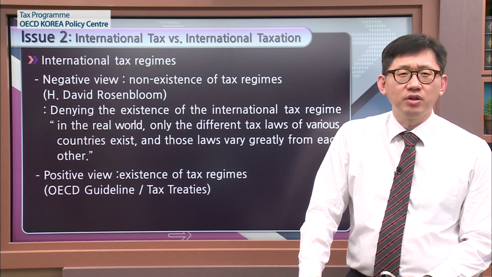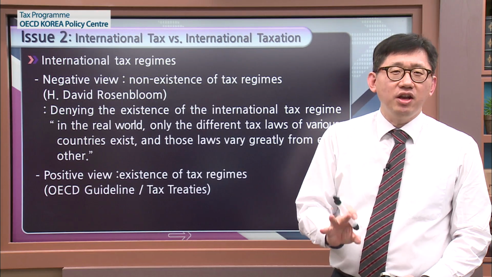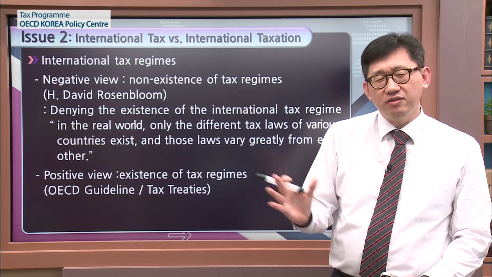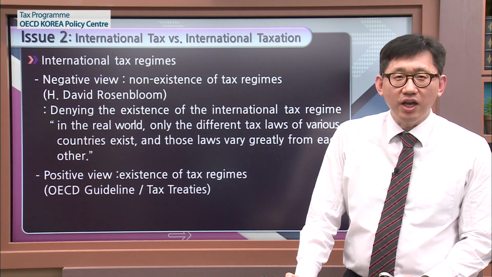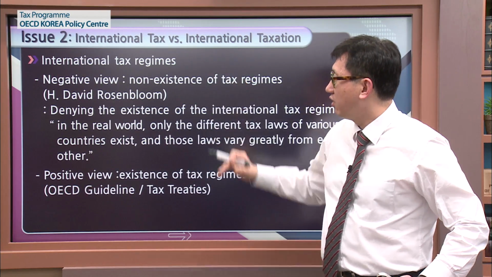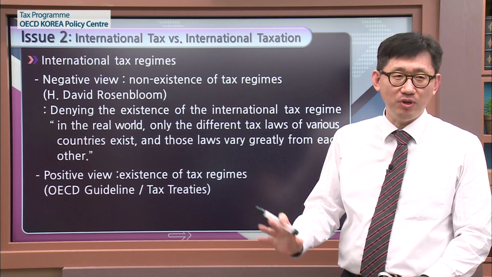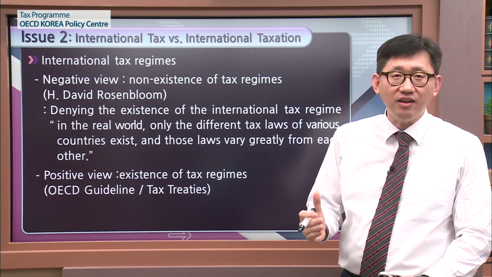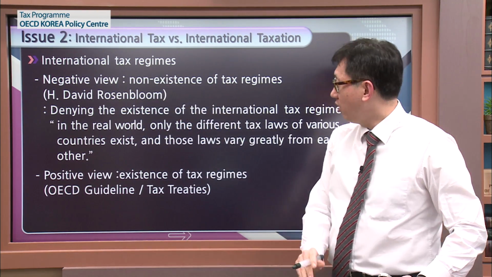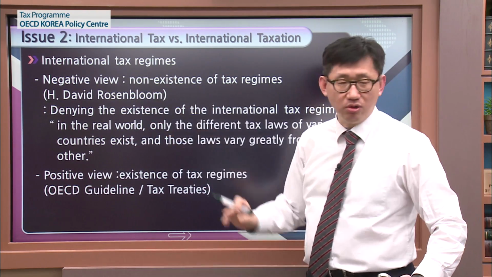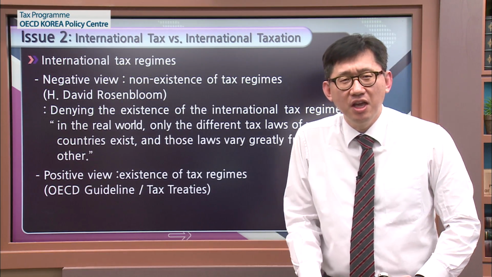Whether there is an international tax regime or not is a scholars' argument, and there are two arguments. One is that there is no international tax regime and no enforceability of international tax. This negative view was developed by David Rosenbloom at New York University.